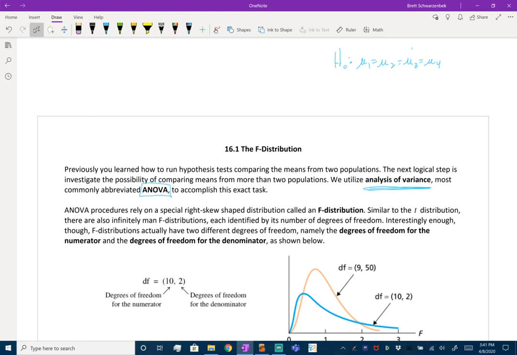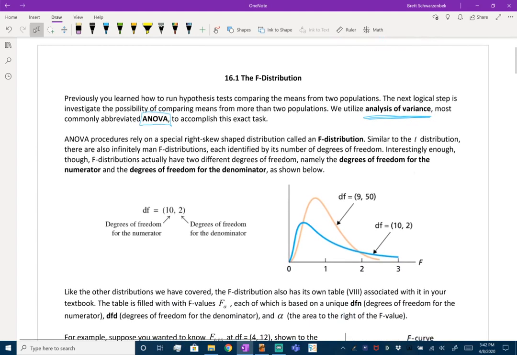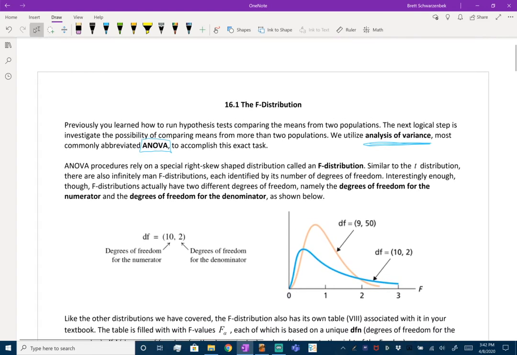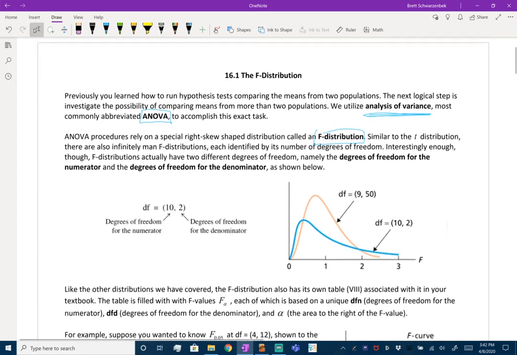So we would use ANOVA if we went beyond 2 populations. In order to use ANOVA, we use what's called an F distribution. An F distribution, unlike many of the distributions we've seen before, is a skewed distribution.